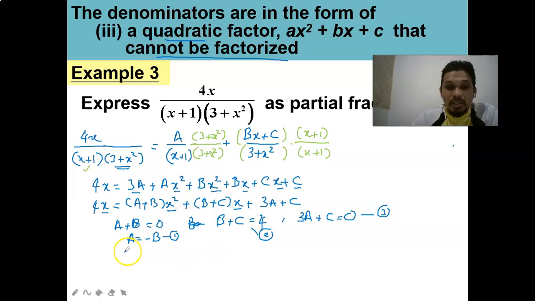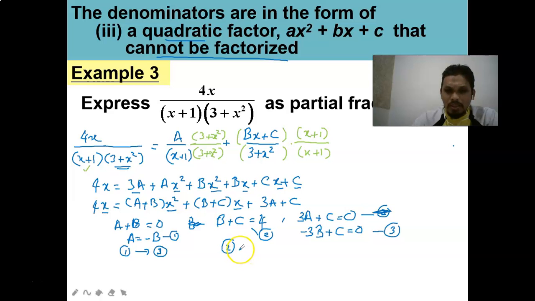Equation 1 substituted into equation 3 means that A equals negative B, so we come out with negative 3B plus C equals 0. Now let's compare this negative 3B plus C equals 0 with B plus C equals 4. Let's say this is equation 3. So then equation 2 minus 3.